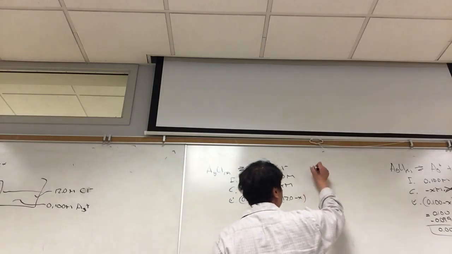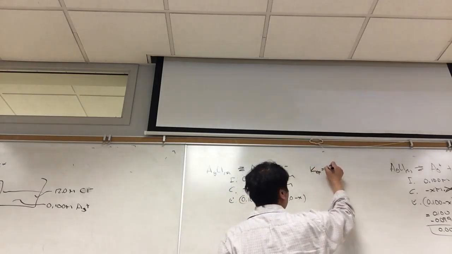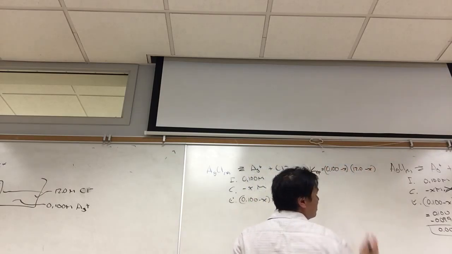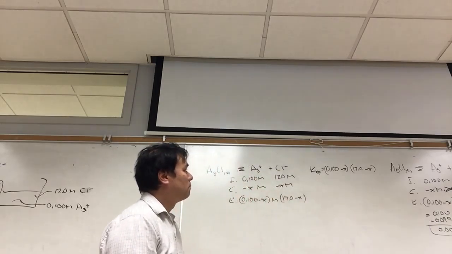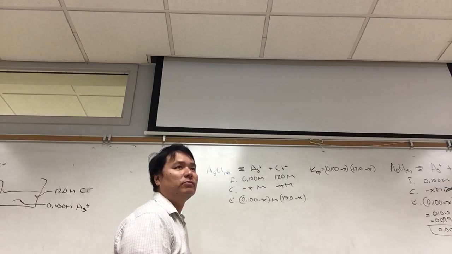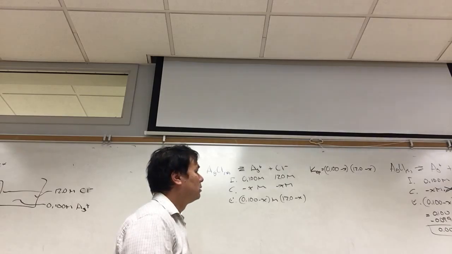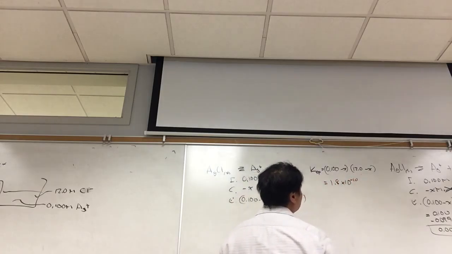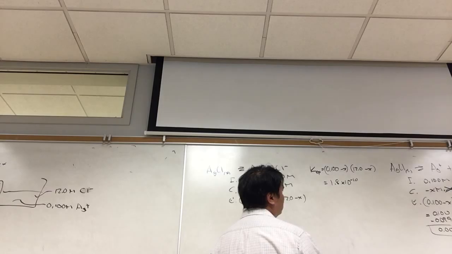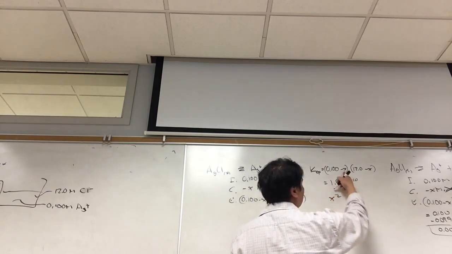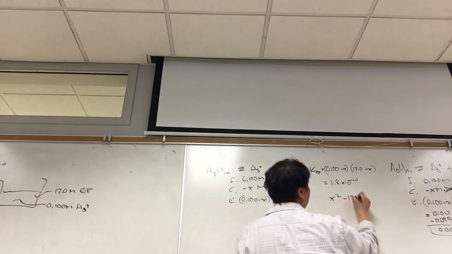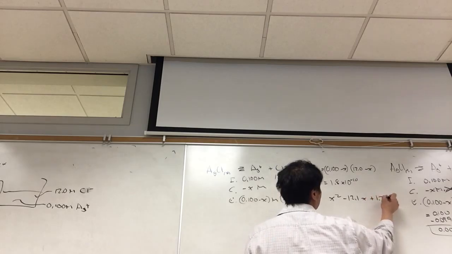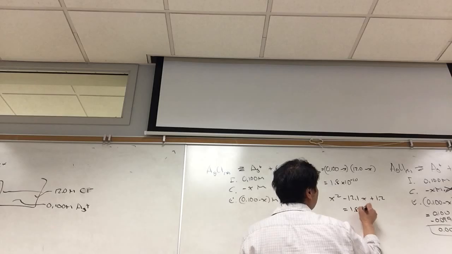So let's go ahead and do the calculation. That means the KSP is going to equal (0.100 minus x) times (12.0 minus x), and this is going to equal 1.8 times 10 to the minus 10. Here, I can't take the square root, unfortunately. But I can use the quadratic. So this is going to give me x squared minus 12.1x plus 1.2 equal to 1.8 times 10 to the minus 10.